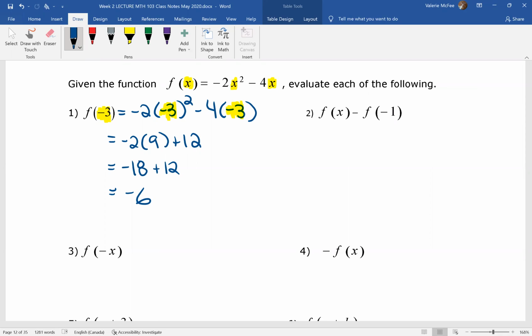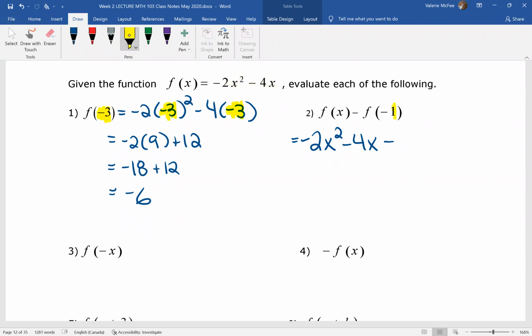Let's do question 2 together. It says the f of x minus the f of -1. All right, let's start with the f of x. Remember, the f of x is all of this. And now we're subtracting the f of -1.